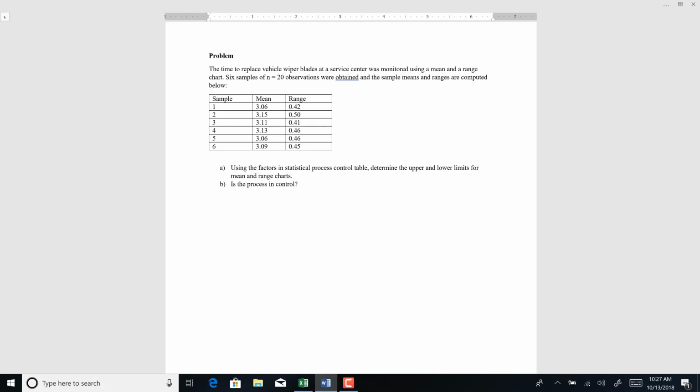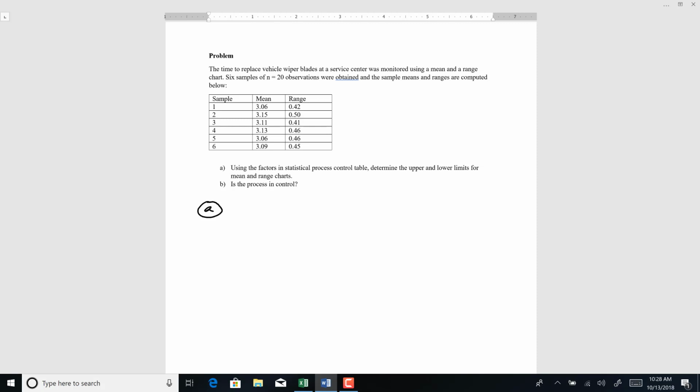So I will do question A first. They are asking us to calculate the upper and lower limits.